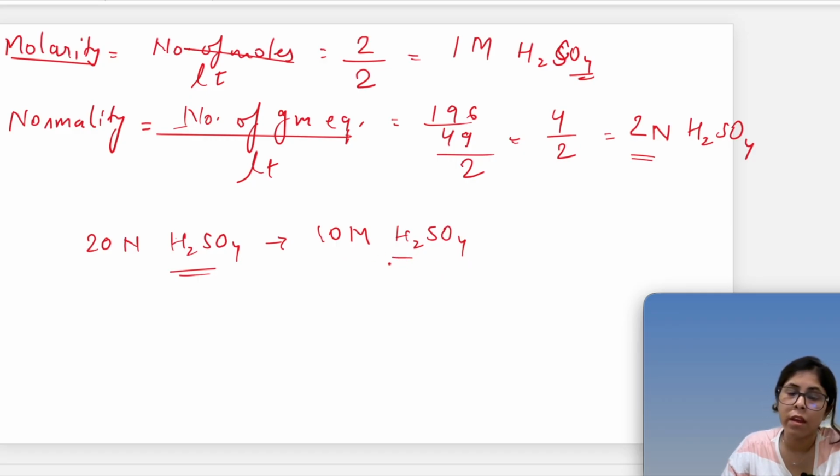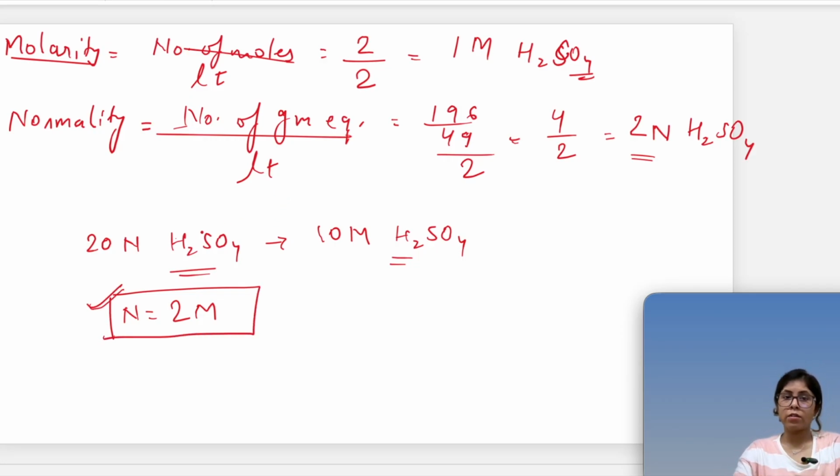For this we can say the relationship between normality and molarity, in this case, is that normality is 2 times the molarity, right?